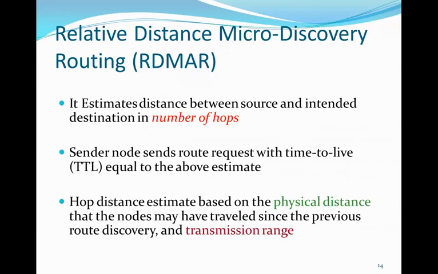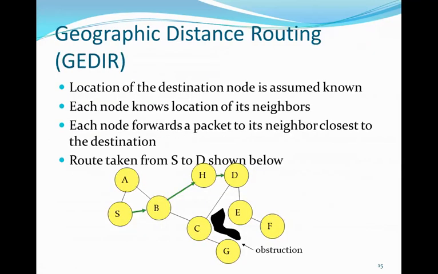So the sender node sends a route request with the time to live, that is the TTL, equal to the above estimate. So actually in the TTL, we put the number of hops as a parameter to reach the desired destination. The hop distance is estimated based on the physical distance that the nodes may have traveled since the previous route discovery, and then onward its transmission range.